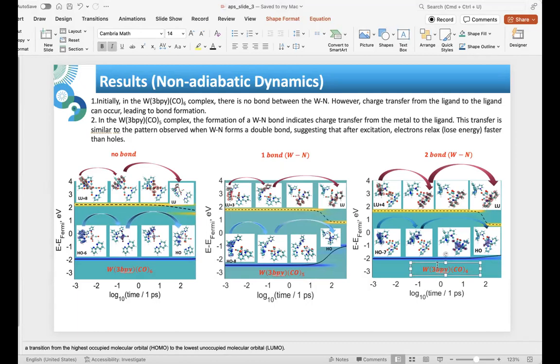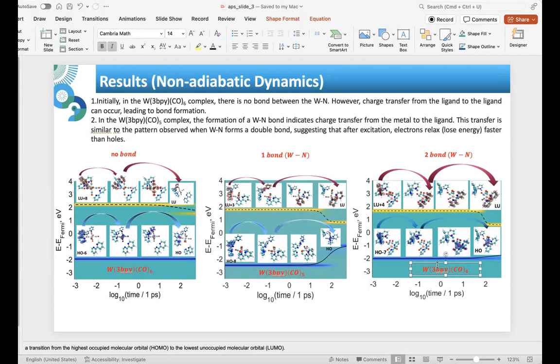So initially, from the charge pair orbitals, we are able to see that charge transfer happens from ligand to ligand when there is no bond between tungsten and nitrogen.